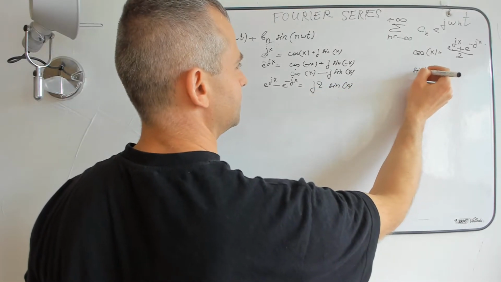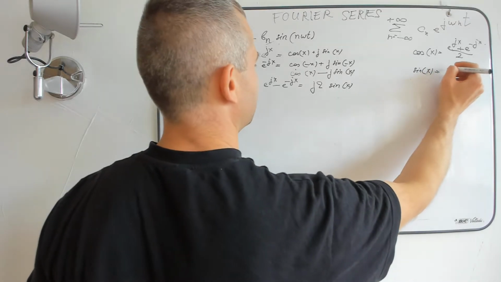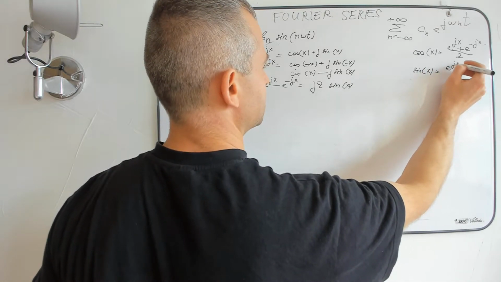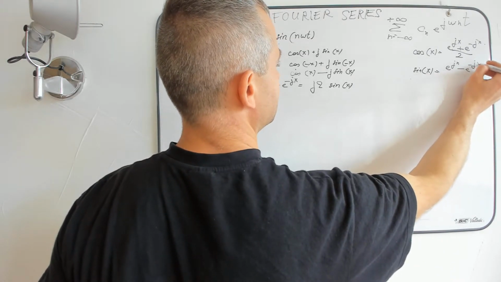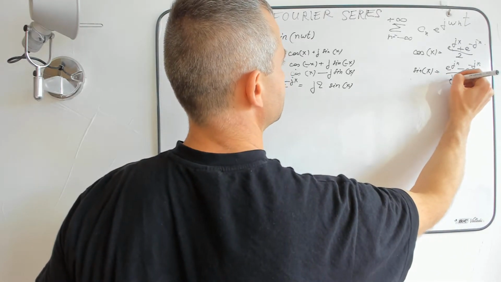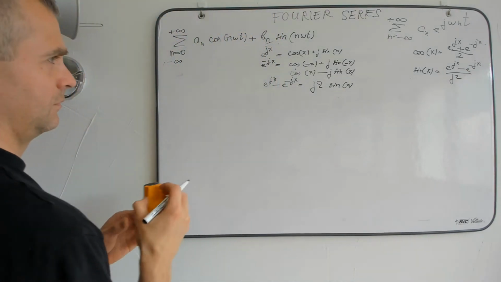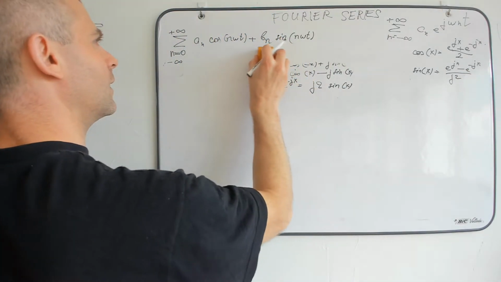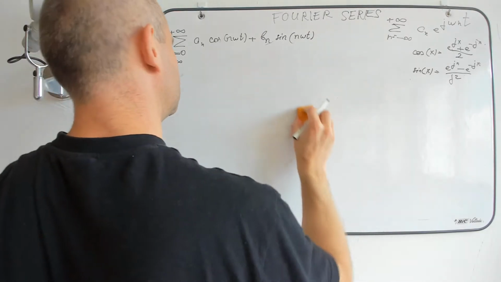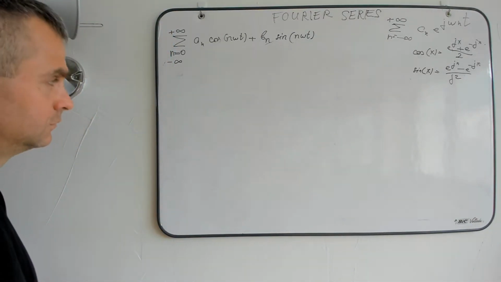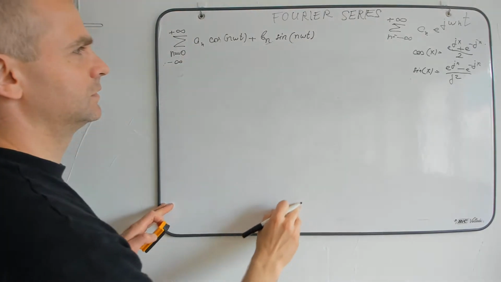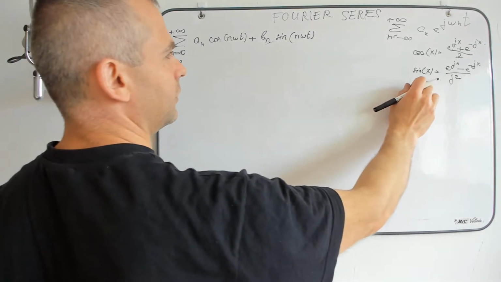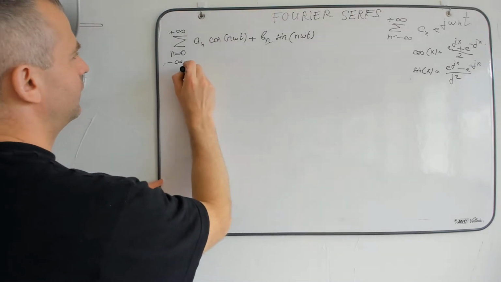So sinus of x is equal to exponential jx minus exponential minus jx divided by j2. Now I'll develop this cos and this sin according to the earlier formula.